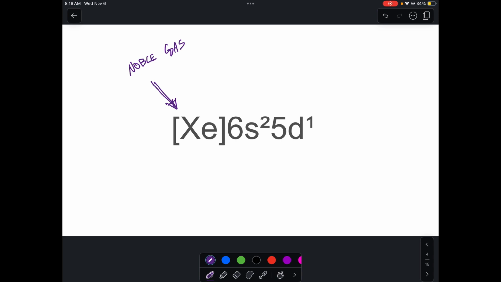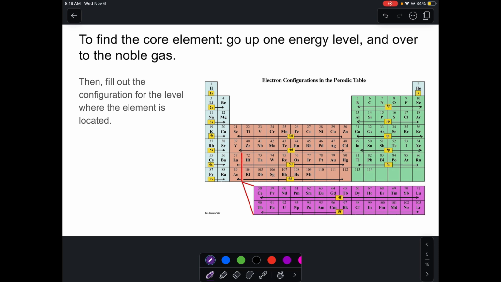This noble gas represents xenon's electron configuration. And then from there we go to the 5th principal energy level, our sublevel, and the first electron. And again, to find the core element: the core element is the element in brackets, the noble gas. Go up 1 energy level and over to the noble gas.